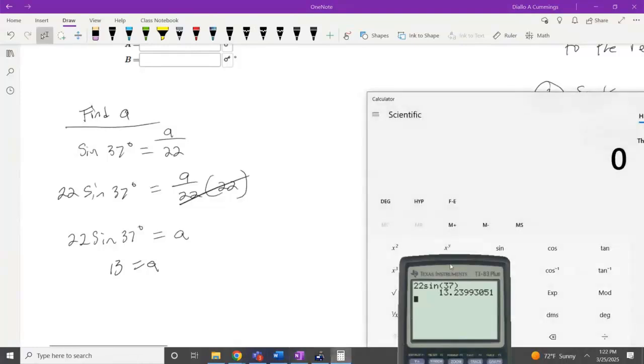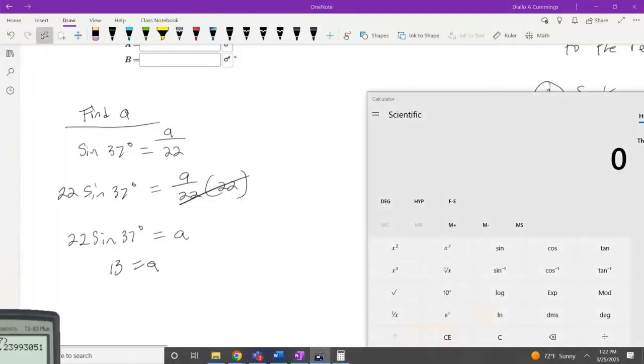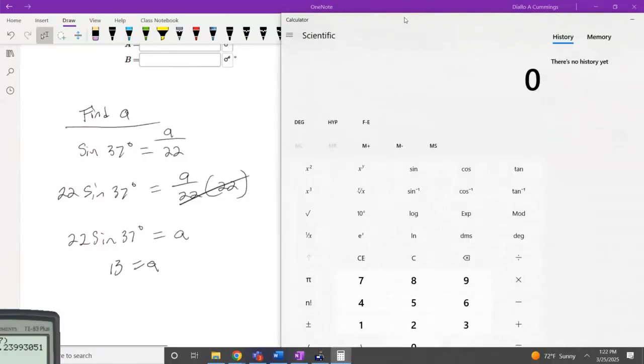Now I'm going to use the Windows calculator. This is going to be a little bit different. First thing I have to do using the Bill Gates system is evaluate this trig function first. So you want to make sure you're in degree mode. In order to evaluate the sine of 37, the first thing I have to do is put in the argument, my angle measure.